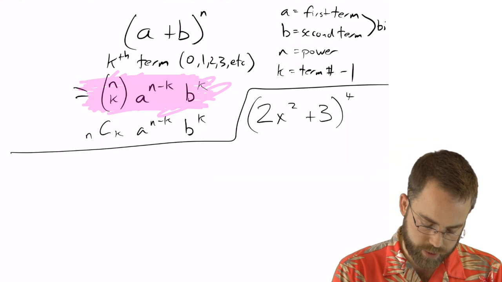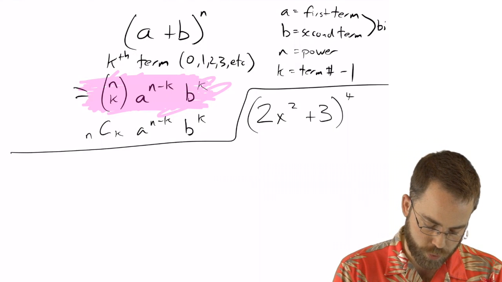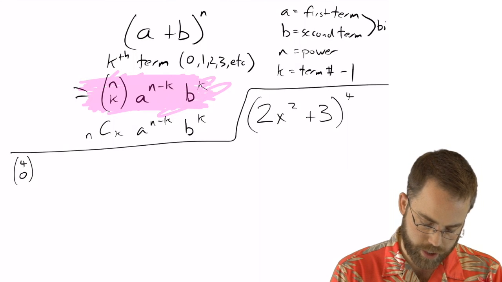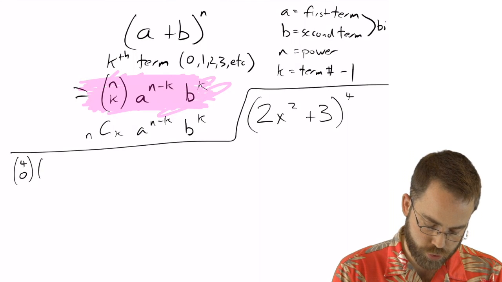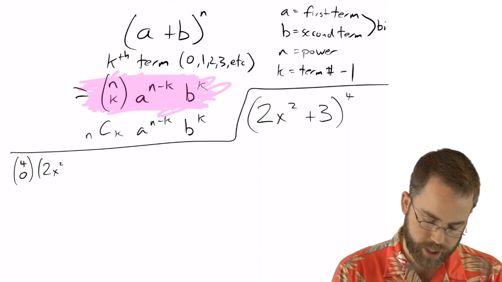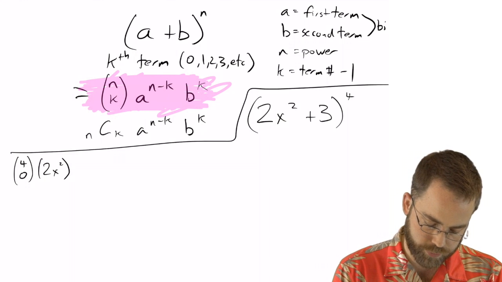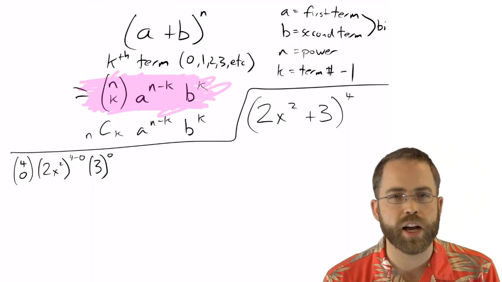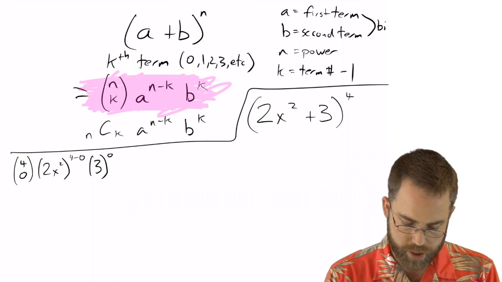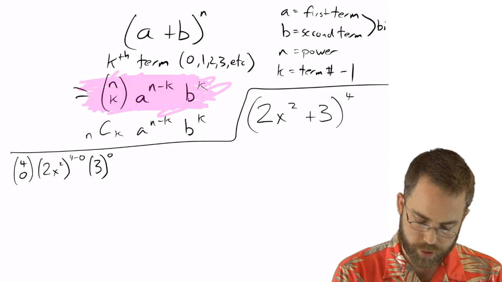So we're saying that this is the four things taken 0 at a time, order doesn't matter, of 2x squared, that's a, to the 4 minus 1 times 3 to the 0. Okay, do you see how all the little bits and pieces lined up there? Let me see if I can color code it for you.